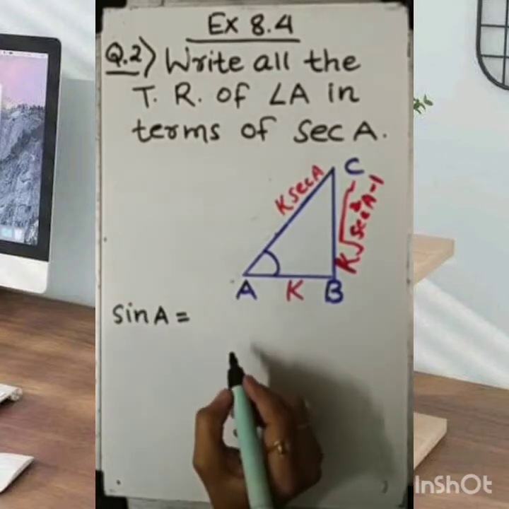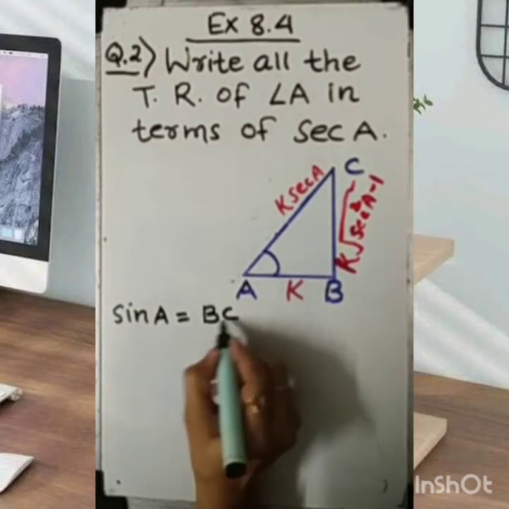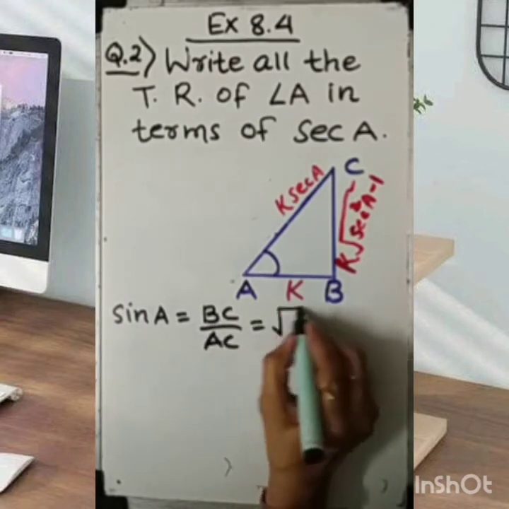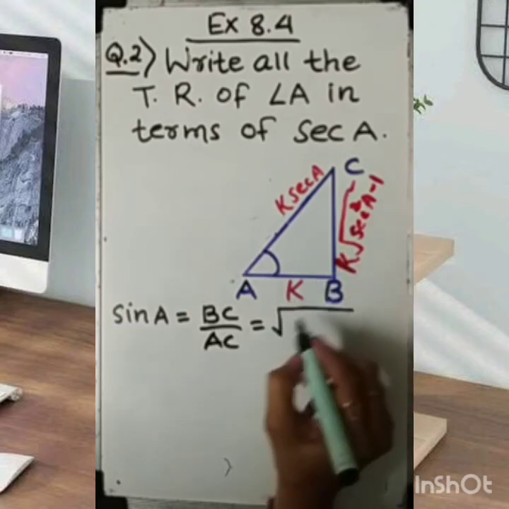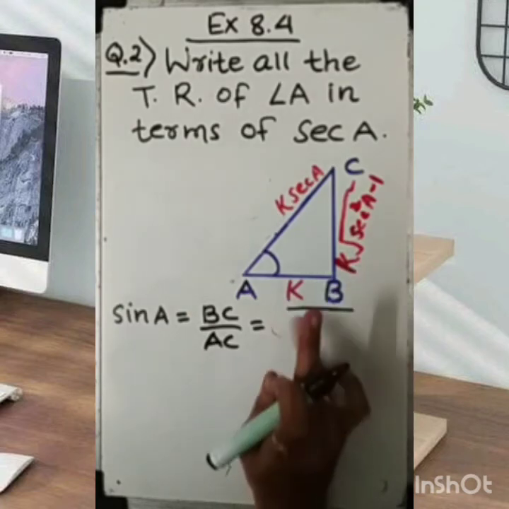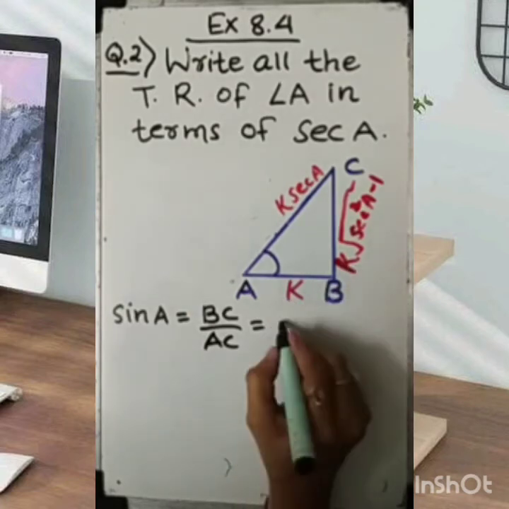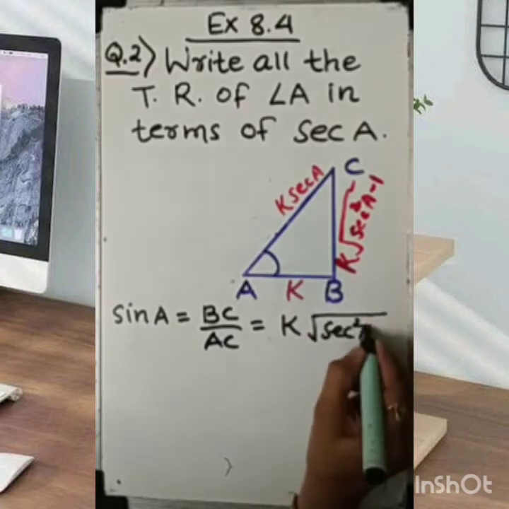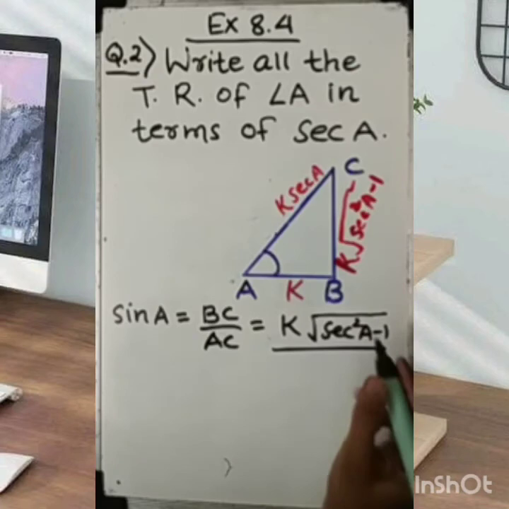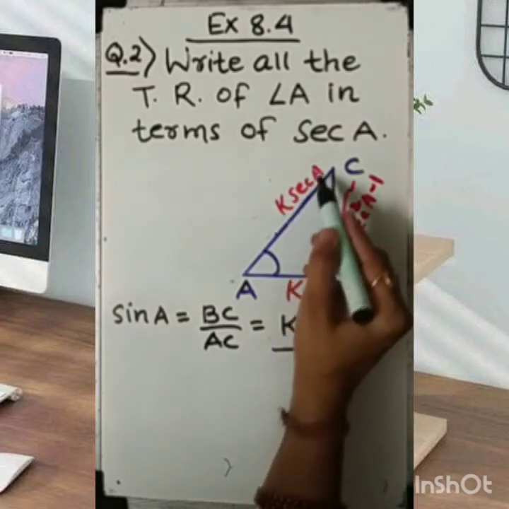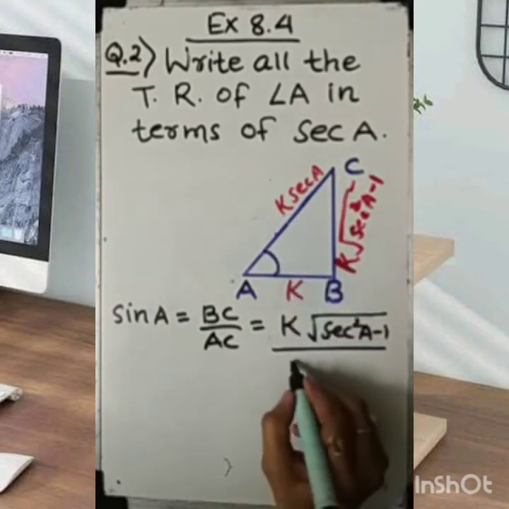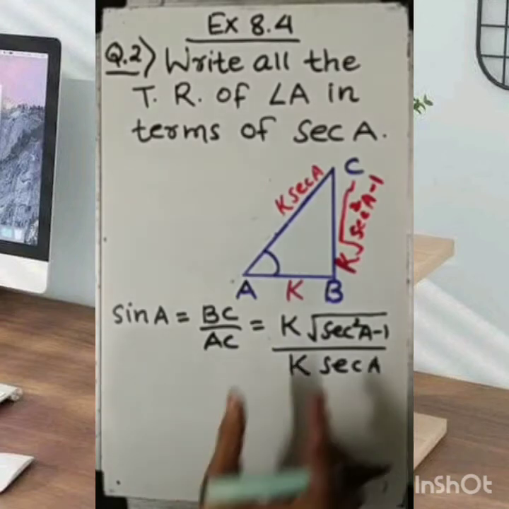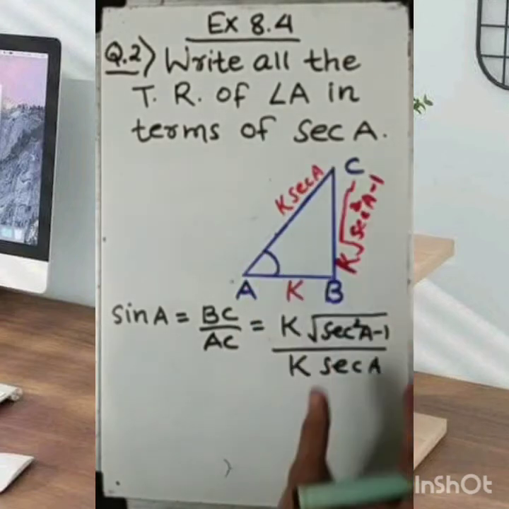Sin A, of course, is BC upon AC. So the perpendicular is along with the K. K is also there. So let me note down K under root of sec square A minus 1 upon AC. AC is what? K sec A. So BC is this and AC I have written here.